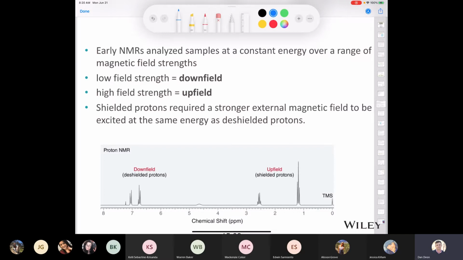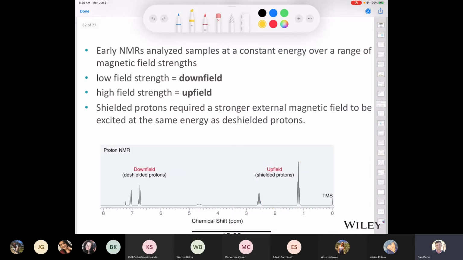They put more power in it or less power in it, and that altered the magnetic field. When a low field strength caused the protons to come into resonance, they called that the downfield region. And when they had a high field strength, they called that the upfield region.